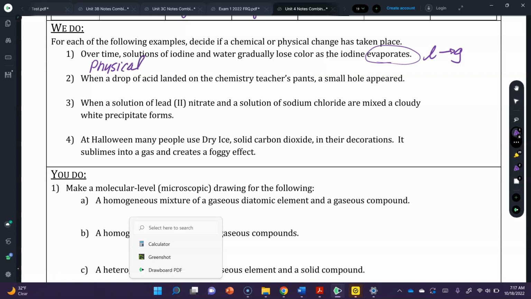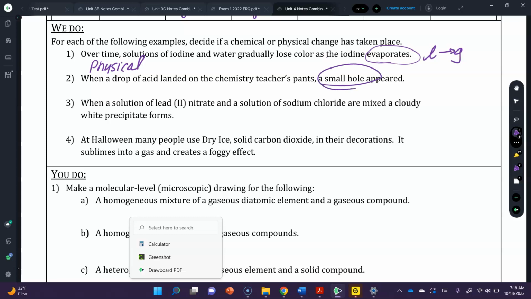For the next one, when a drop of acid landed on the chemistry teacher's pants, a small hole appeared. This has happened to me quite often. Acid wear on denim in general is a chemical change because we cannot get the denim back. A small hole appeared.